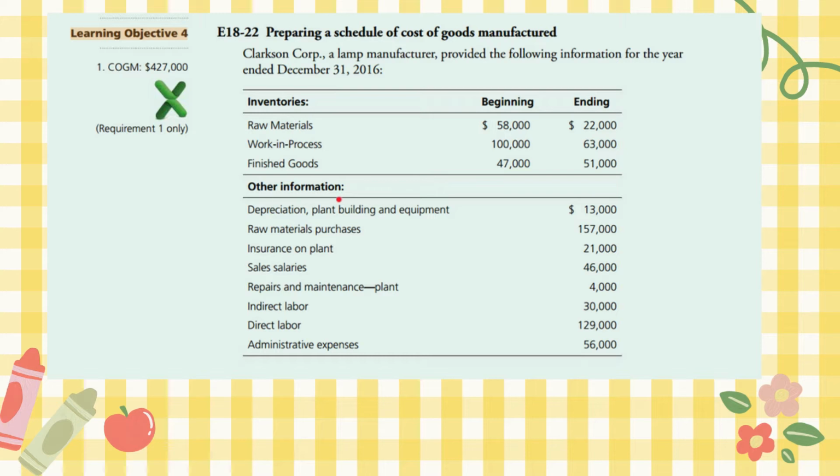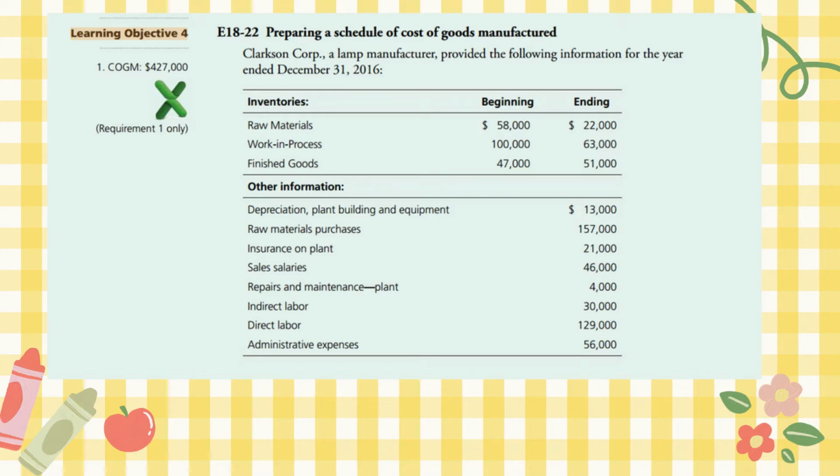Then he gave you other information: depreciation, plant, building and equipment, raw materials purchases, insurance on plant, sales salaries, repairs and maintenance, plant, indirect labor, direct labor, administrative expenses. So from the title, we can understand that he wants you to find the cost of goods manufactured. But before we do that, let's read the other information items again.